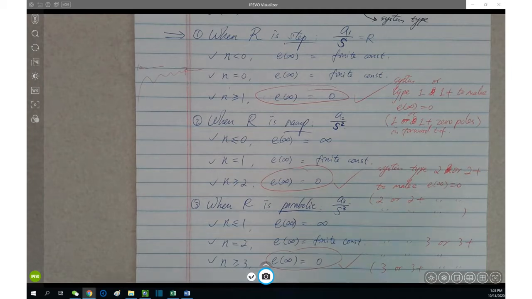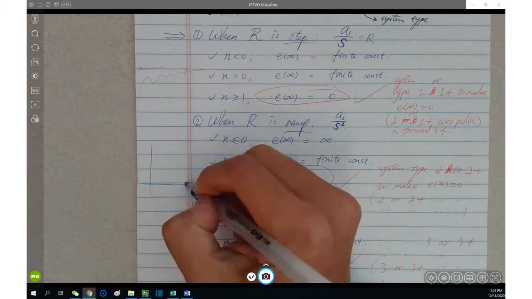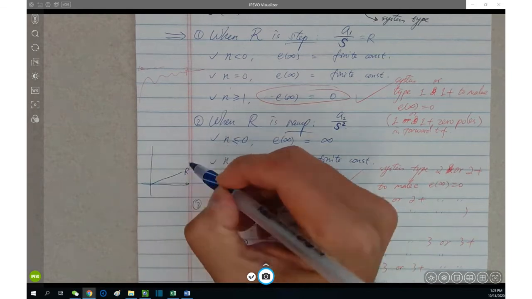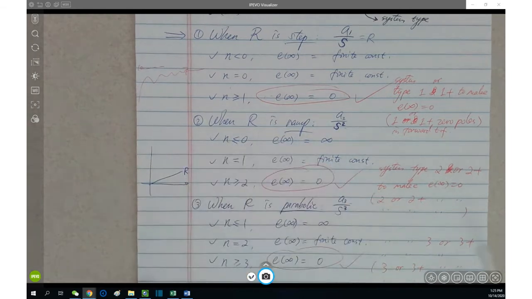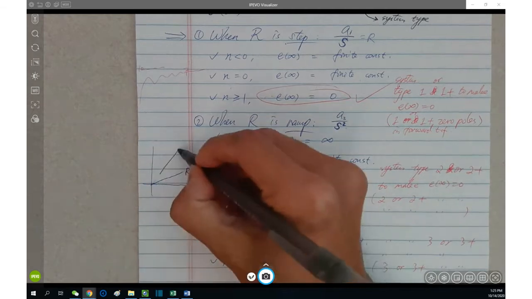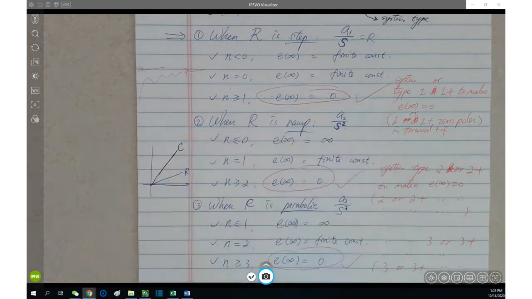Let me give you an example here. Say your input is like this. It's a ramp. Your output is like this. So what is the steady state output, the steady state value? What is it? Anyone knows? We wouldn't subtract the input from the output.